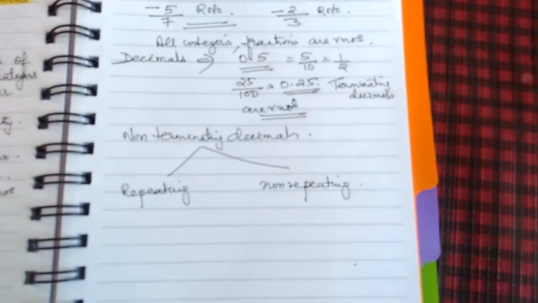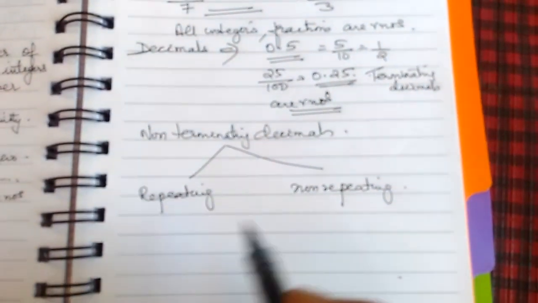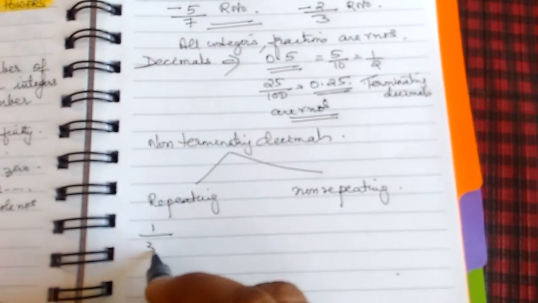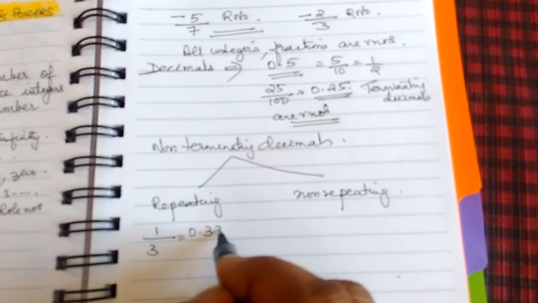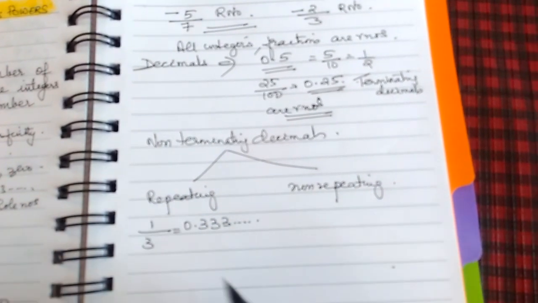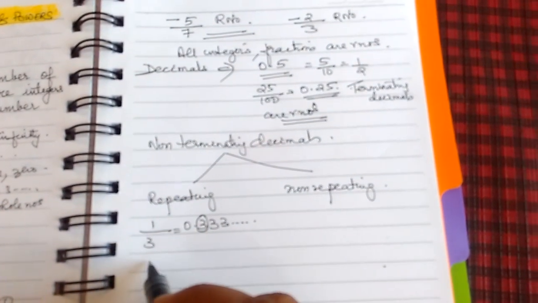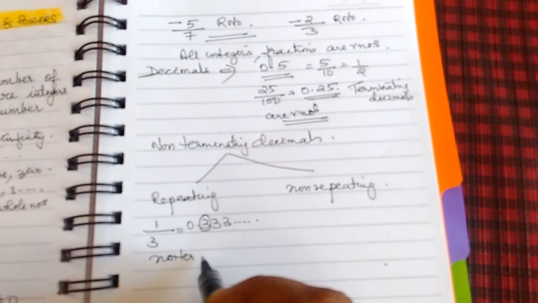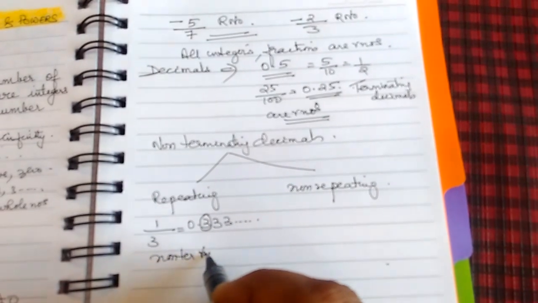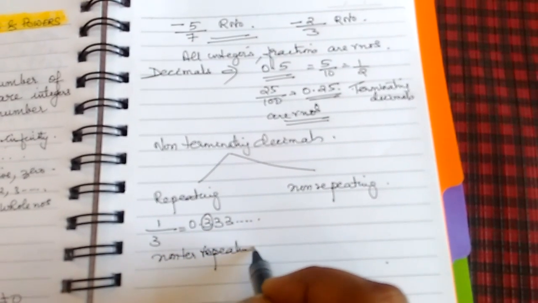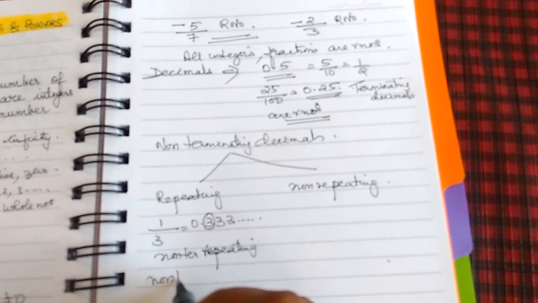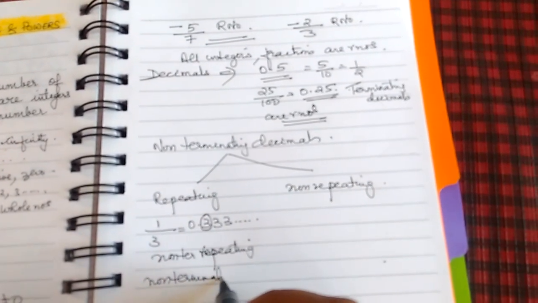Non-terminating means it never ends, and repeating, like 1 by 3, that is 0.333, etc. Here the 3 is never ending, so it is non-terminating and repeating, otherwise called non-terminating and recurring.